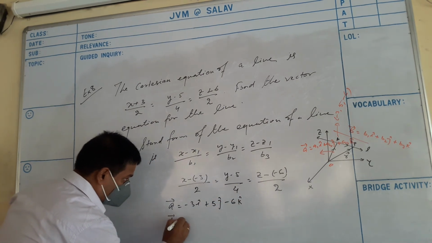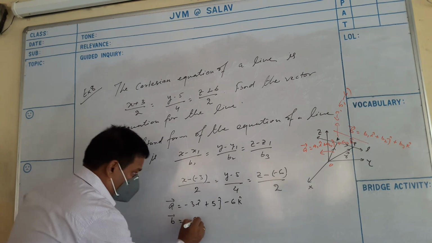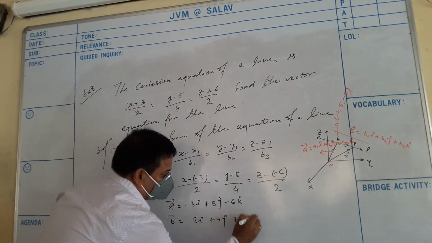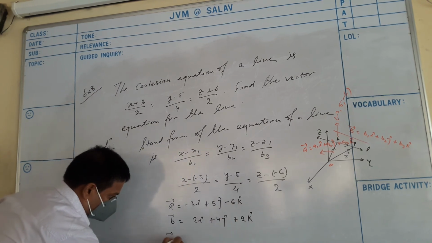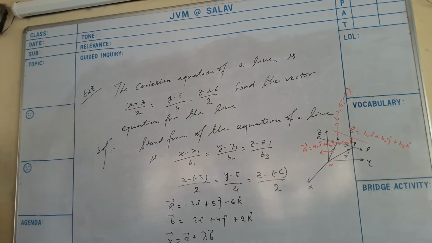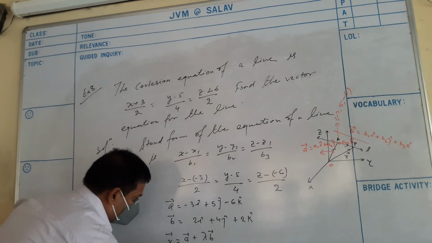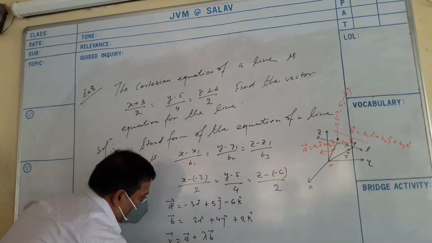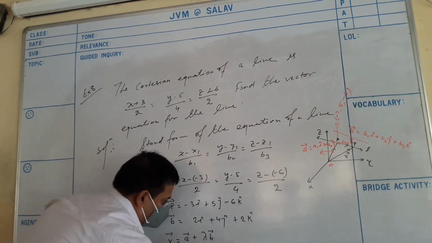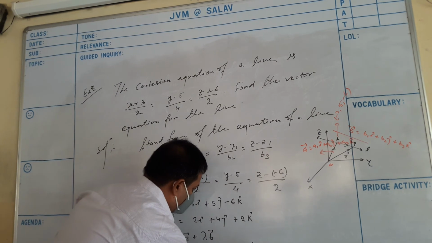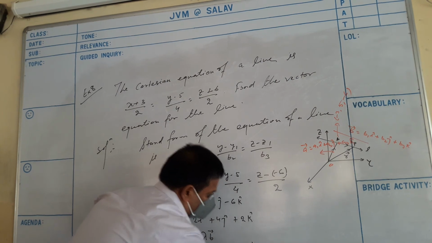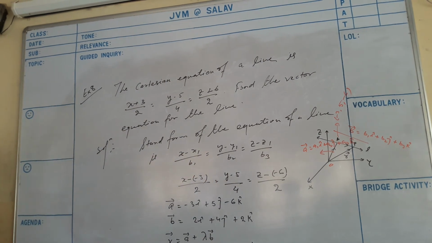What is vector B? 2i, 4j, 2k. Clear? So vector equation: vector r is equal to vector A plus lambda vector B. So vector A is minus 3i plus 5j minus 6k plus lambda times vector B, 2i plus 4j plus 2k. Okay, this is the vector equation.